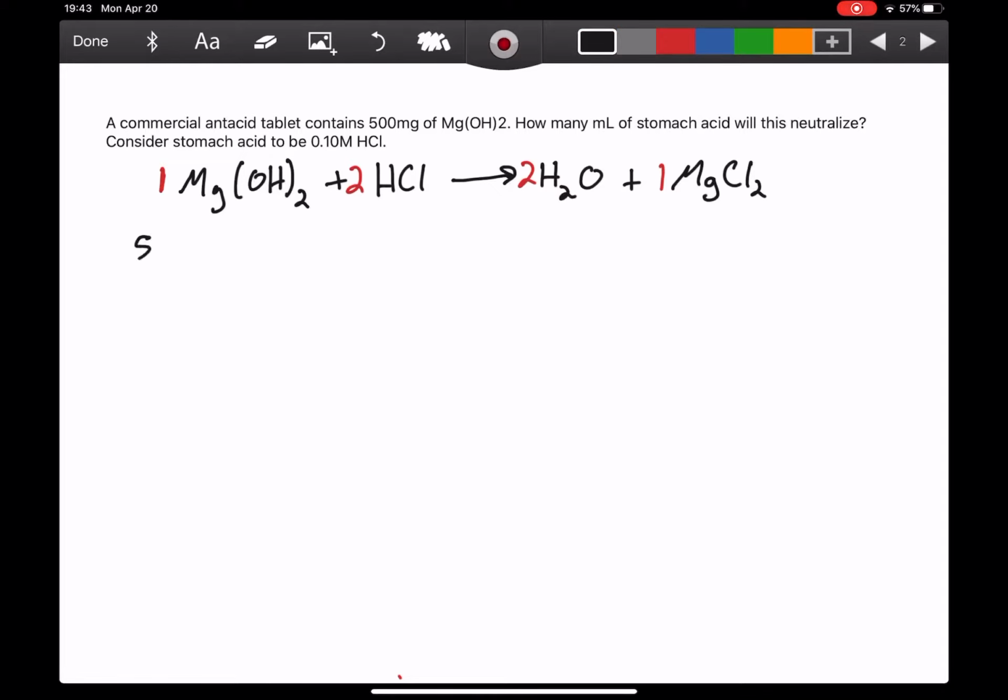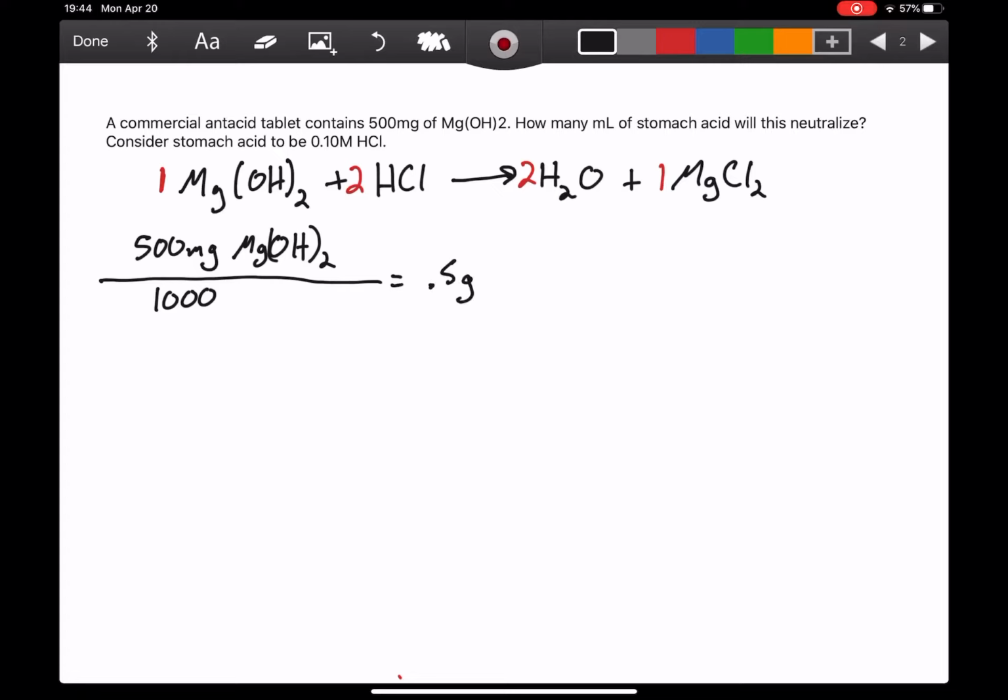So 500 milligrams of magnesium hydroxide, well, we need to divide by 1,000, because the conversion from milligrams to grams is to divide by 1,000. And that's going to give us 0.5 grams.